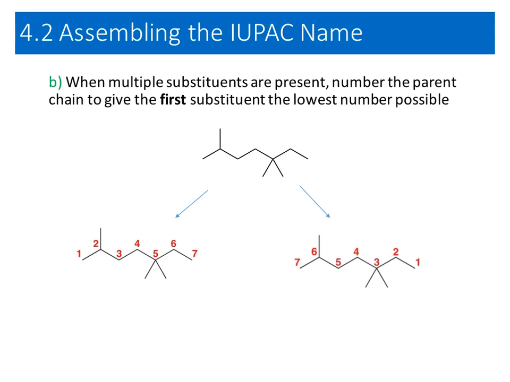If you look at the first substituent in this structure, it gets number 2. Now, in this molecule, the first substituent gets number 3. Number 2 is lower than number 3, therefore this is the correct way of numbering.